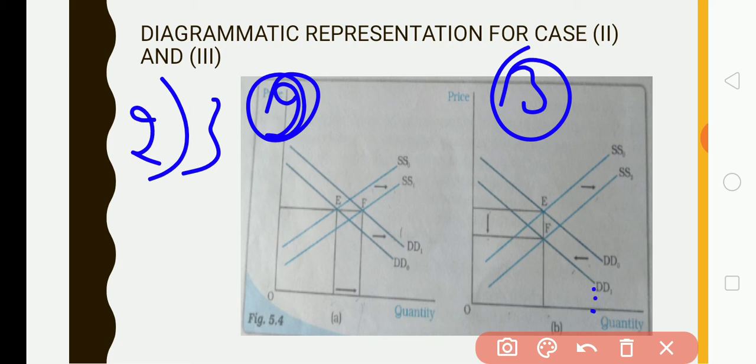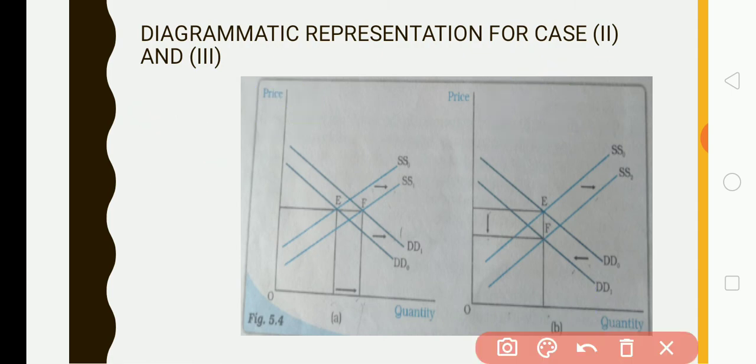Once again, here you can observe the diagram. D naught and S naught are the original demand and supply. Here the demand curve shifted rightward and the supply curve shifted rightward. This is the second one.